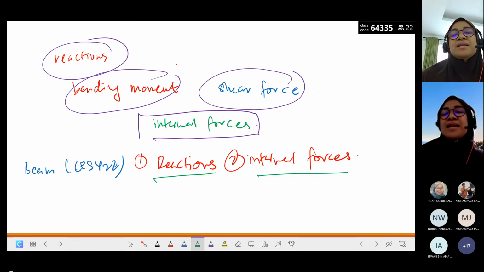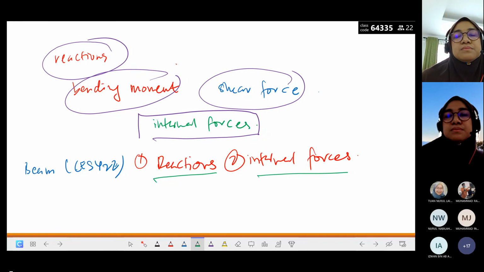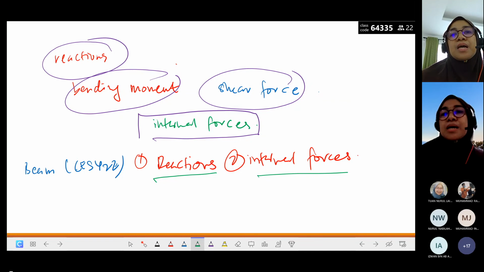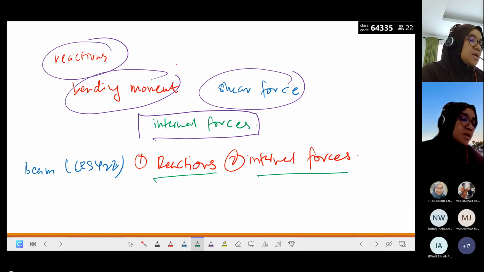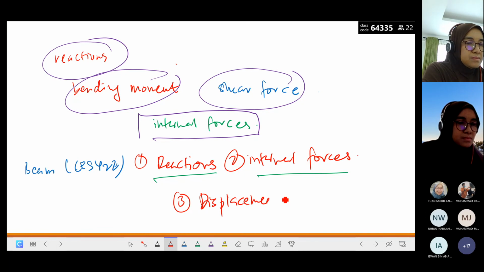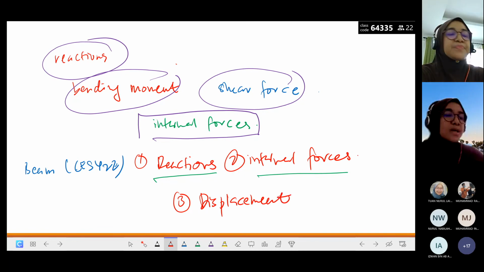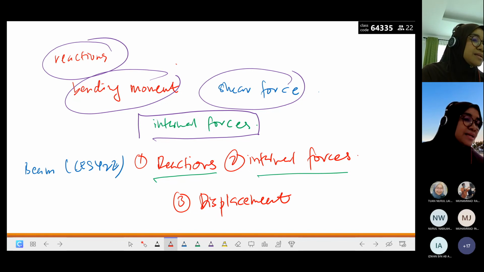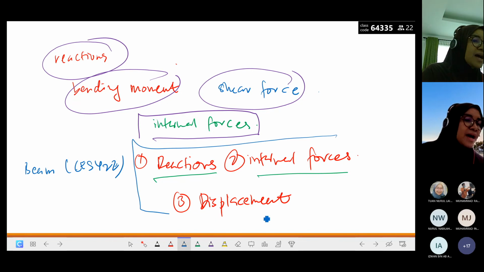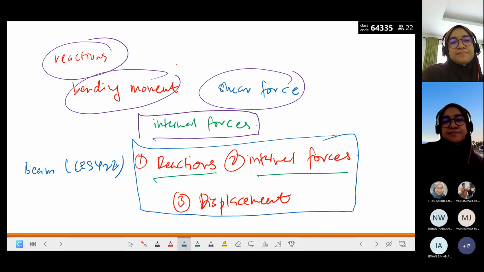Doctor, is it displacement? Yes, it is displacement. So this is actually what you have learned under structural analysis.